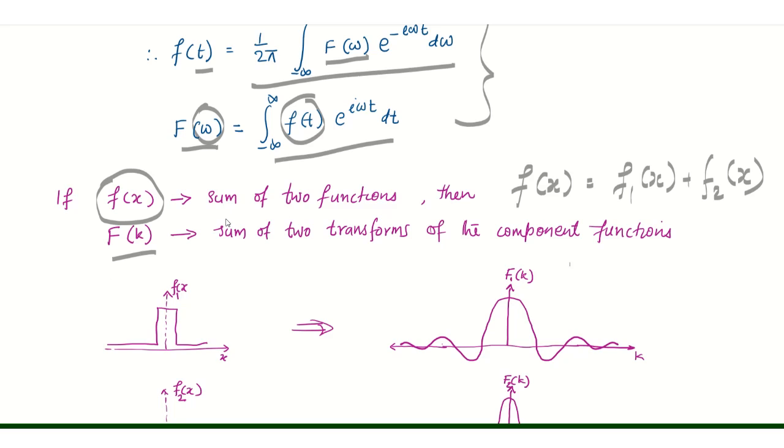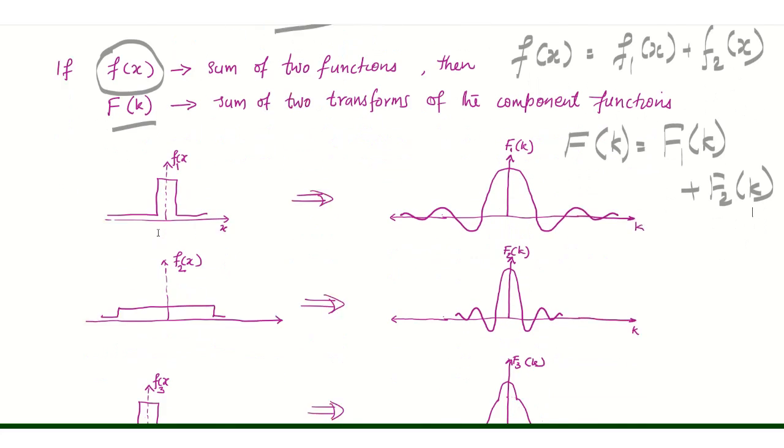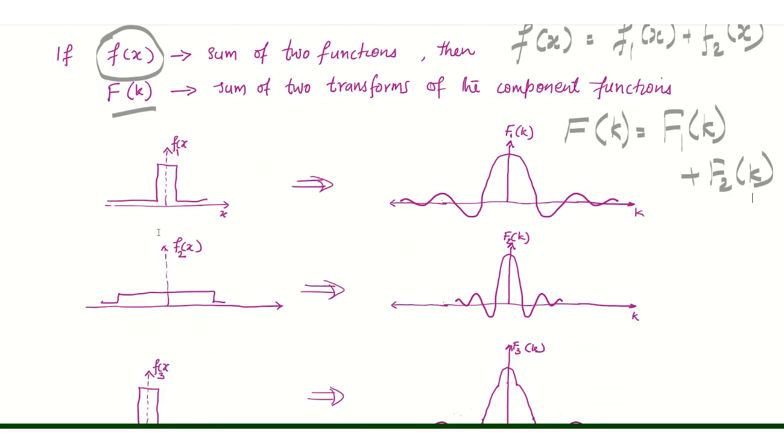In other words, you can write F(k) equals F1(k), the Fourier transform of the first function, plus F2(k), the Fourier transform of the second function. That is a basic property of the Fourier transform.